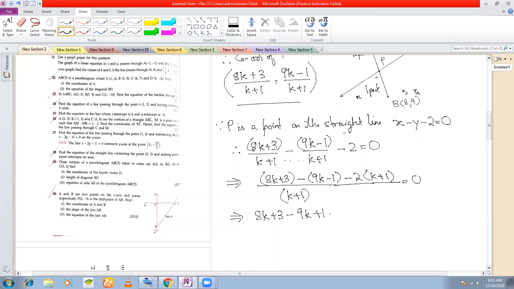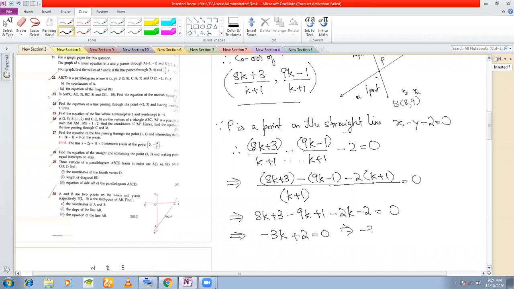Open the bracket, signs will change. Similarly, minus 2k minus 2, sign will change here also. So what do you have here? Minus 9 minus 2 will give you minus 11, and you have a plus 8, so minus 11 plus 8 will give you a minus 3. And here what do you have? 3 plus 1, 4 you have. 4 minus 2 will give you a plus 2 equal to 0.